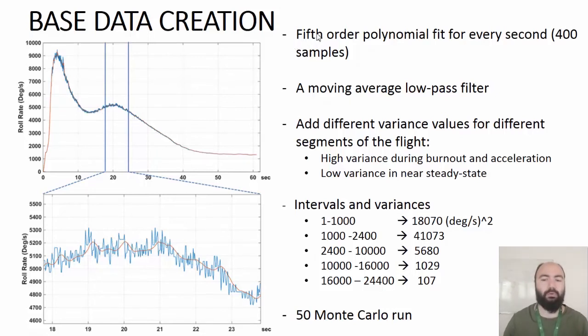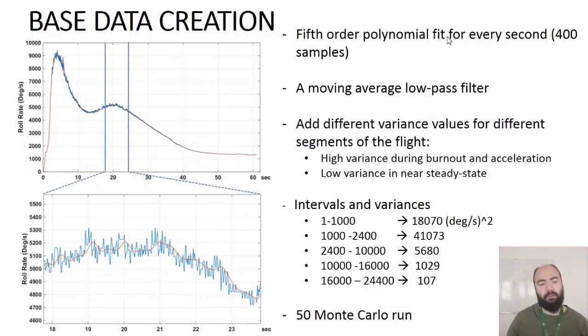We use a 5th order polynomial fit for every second, which equals 400 samples. Then we put this output through a moving average low pass filter to smooth the data. Here is some interval of our generated data, the red line, from the real data.